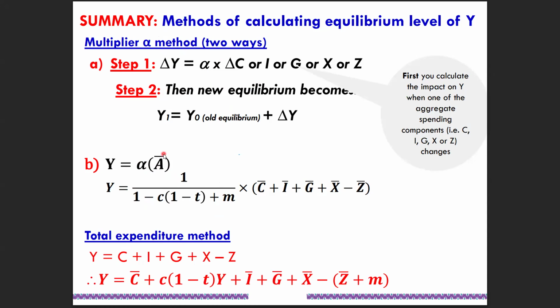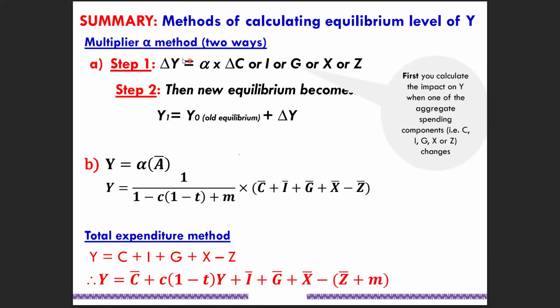So using the multiplier approach, you can calculate it by saying that a change in income is equal to the multiplier times a change in any component of aggregate expenditure. Right? So if they gave you maybe a change in government expenditure, you're going to say multiplier times a change in G to get change in income. If you're given investment, it's going to depend which one you're given, and also it's going to depend on the question, right?